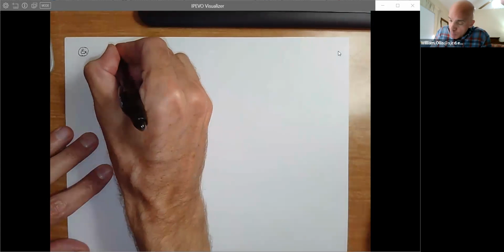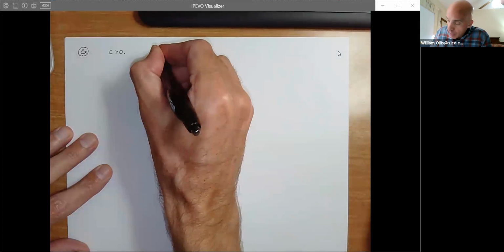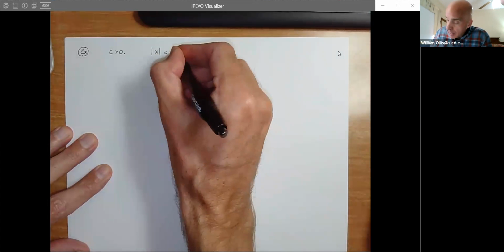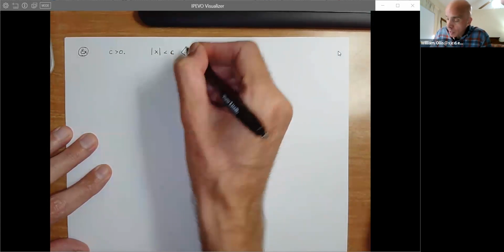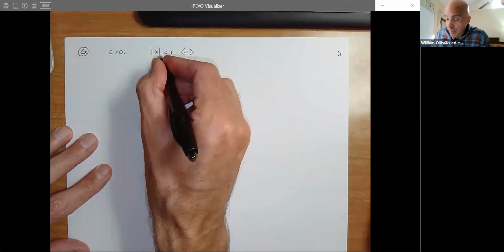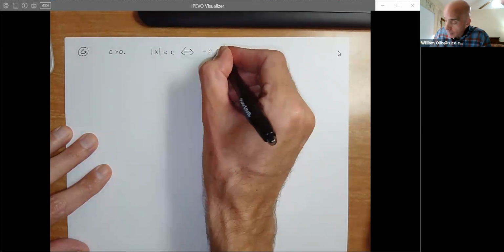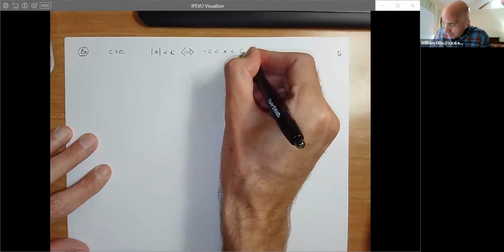That is, if C is positive, then we have the conjunction, the absolute value of x less than c. In your WebAssign, you were pretty much going in this direction, where you used this and translated it as the compound inequality, like this.